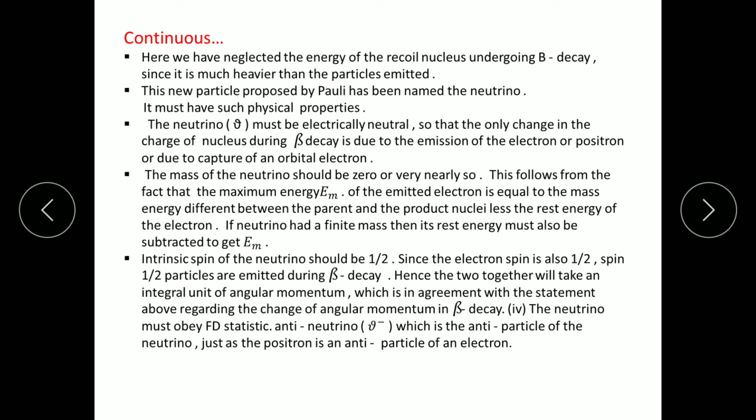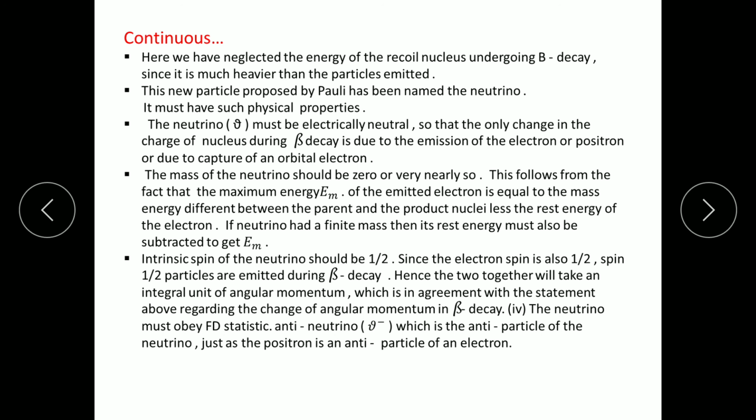Now the second property is that the mass of the neutrino should be 0 or nearly so. This follows from the fact that the maximum energy Em of the emitted electron is equal to the mass energy difference between parent and product nuclei less the rest energy of the electron. If the neutrino had a finite mass, then its energy must also be subtracted to get Em. Why do we consider that the mass of the neutrino should be 0?